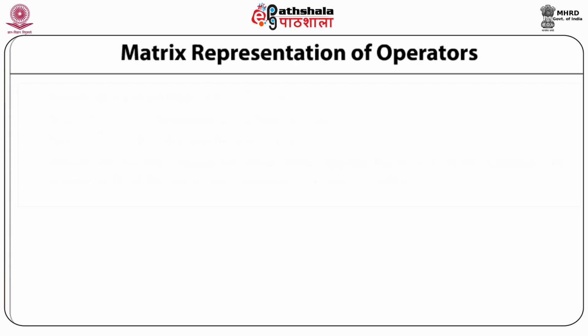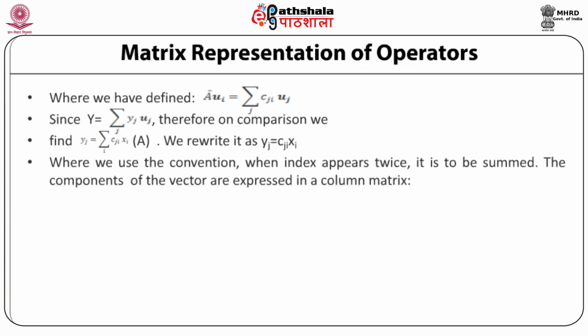Matrix representation of operators. Continuing from the previous equation, we have defined the operator A acting on ui as equal to summation over j cji uj.